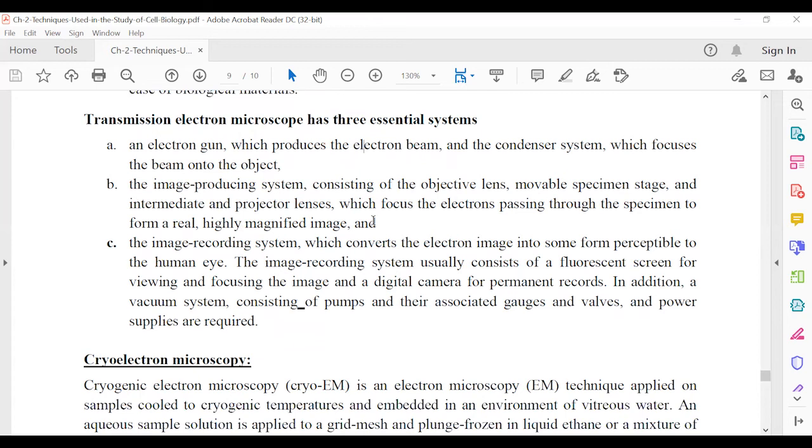Last, the image recording system, which converts the electron image into some form perceptible to the human eye. It consists of a fluorescent screen for viewing and focusing the image and a digital camera for permanent records. In addition, a vacuum system consisting of pumps and their associated gauges, valves and power supplies is required. Those are the three essential systems in this technique.